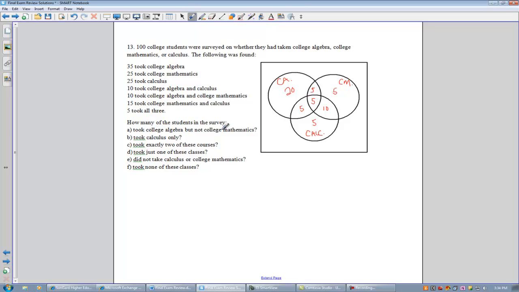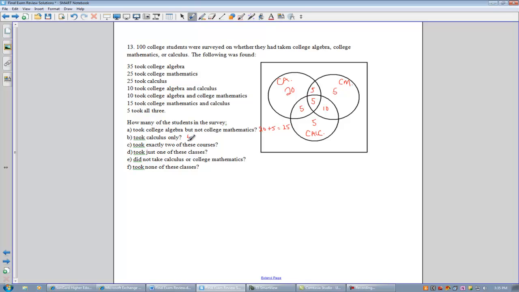So it said took college algebra, but not college mathematics. All right, so here's all the college algebra people, and I want to exclude these people because they took college mathematics. So I get, what, 20 plus 5, which is equal to 25 students. Took calculus only. Right, well, here's all the calculus people, and only 5 of them right here took calculus only.